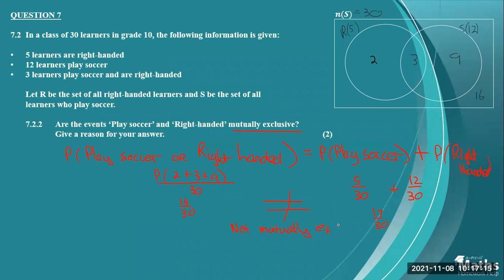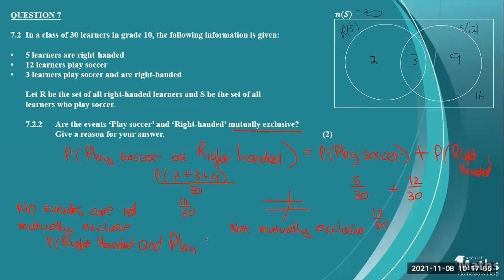Well, you can use this explanation, or you can just give a reason. Are the events mutually exclusive? No, the events are not mutually exclusive, because the probability of being right-handed and play soccer is not equal to 0.